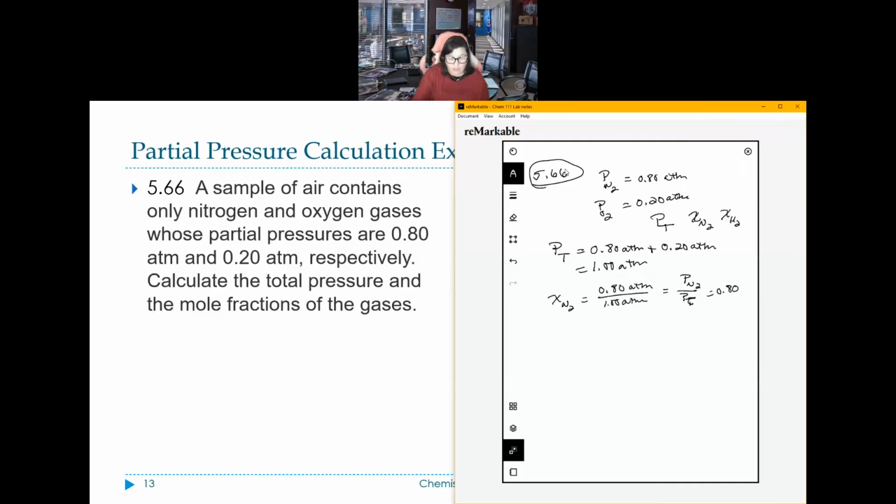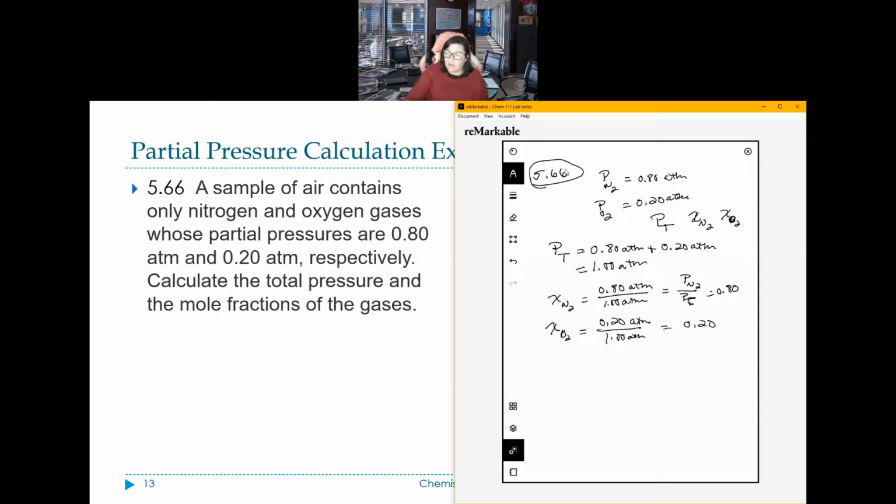No units on that as it's a fraction. Mole fraction of O2, it should be O2, is then 0.20 atm over the 1.00 atm, which is 0.20. Go me!